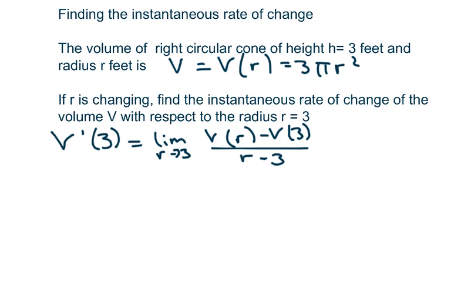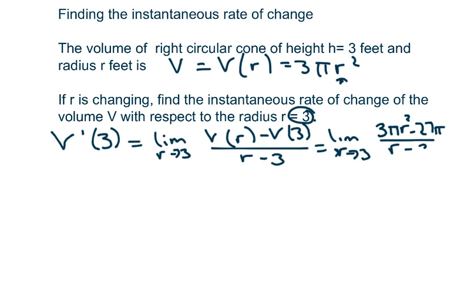And that's going to give us the limit as r approaches 3, and we just copy down the formula, and when you evaluate the 3, you're going to get 3 pi r squared minus 27 pi. I just inputted the 3 into the radius here for r minus 3.